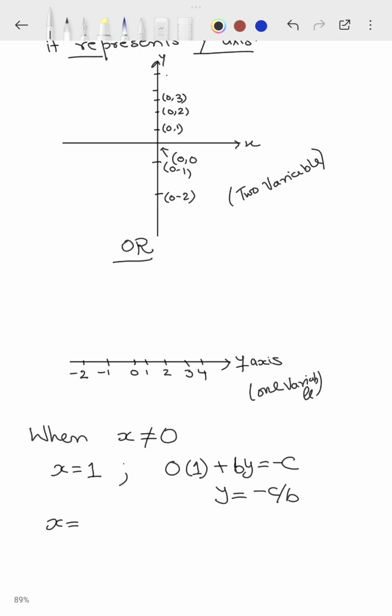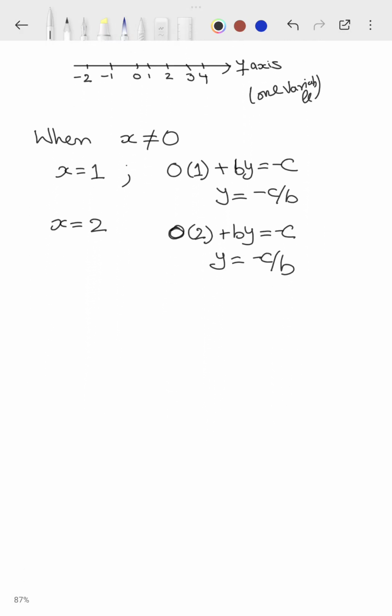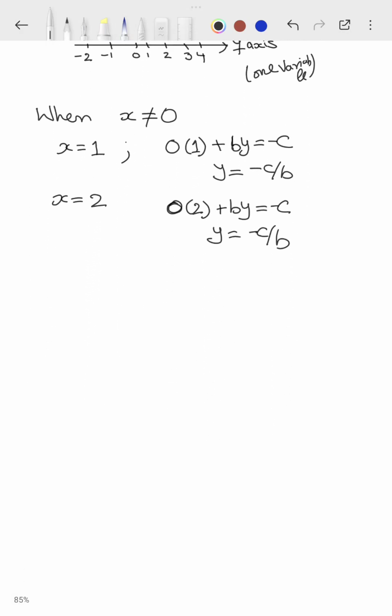Now let's take x is equal to 2. Here we have 0 multiplied by 2. The coefficient of x is 0. So we get y is equal to minus c, or y is equal to minus c by b. So similarly, we can show that for various values of x, the value of y is constant.